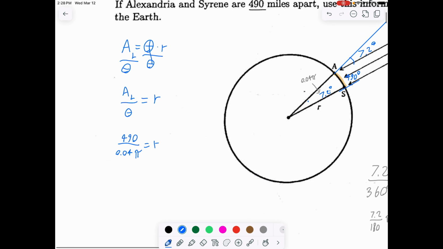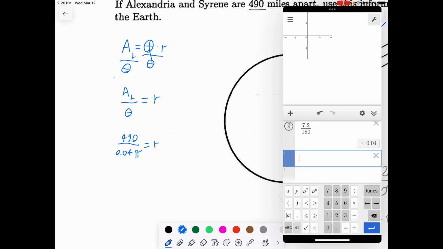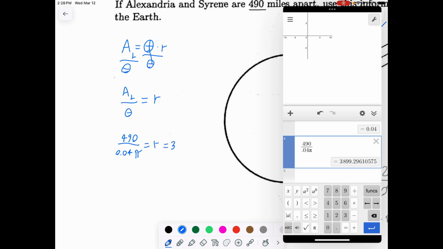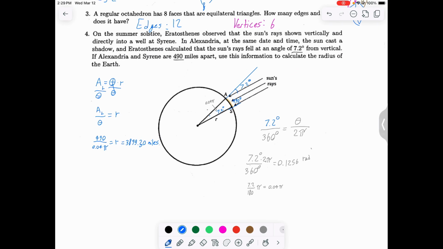Now, if I go ahead and divide that, I'm going to grab the calculator real quick, and I do 490 divided by 0.04 pi. And I get the radius of the Earth to be 3899.30 miles, rounded to 2 decimal places.